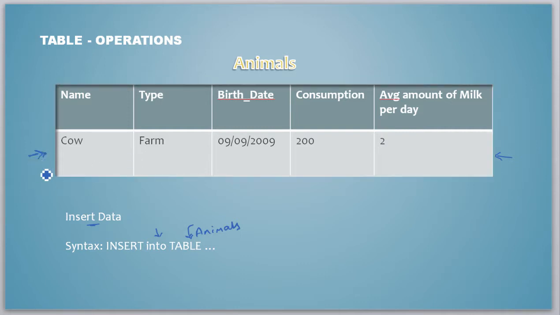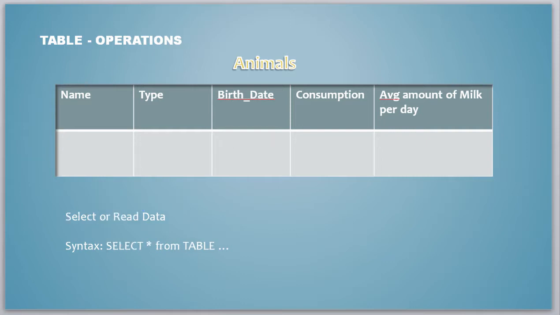When I do an insert, the database creates empty rows first, and then it allows the data to be inserted into the table. The operation is insert. After inserting, let's say I want to read what I have inserted. That operation is called select, which is basically reading data.